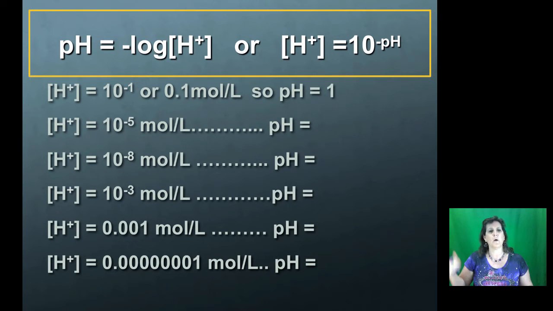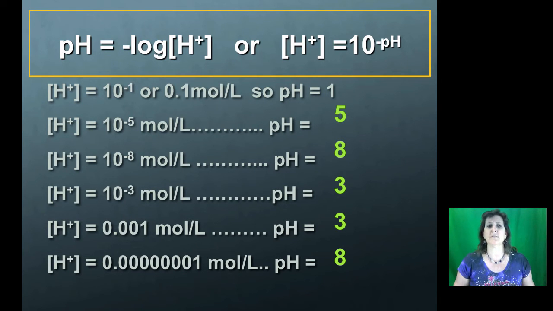And then look at the last one, 0.000000001. If you said 8, you're correct. We moved the decimal 8 times, so that is equal to 10 to the minus 8, so the pH equals 8. So there's the answers. We said 5, 8, 3, and then it was 3 again and 8 again. Very good.